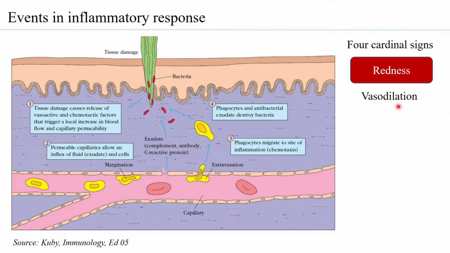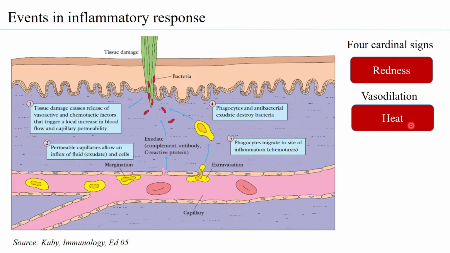So vasodilation is basically when the diameter of the blood vessel increases, and the diameter is increasing because you have more blood flow into that, and the blood flow is more because the smooth muscles surrounding the blood vessel get constricted, thereby engorging the capillary. And because of that, heat is also generated due to all this accumulation of fluid, etc., in this time.